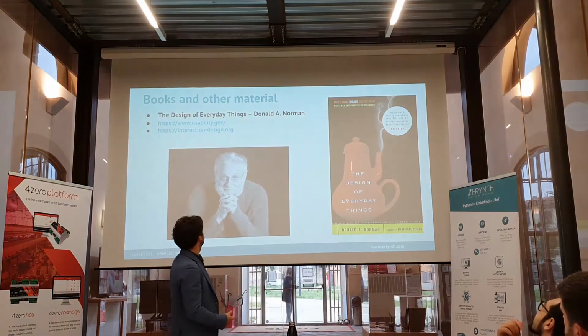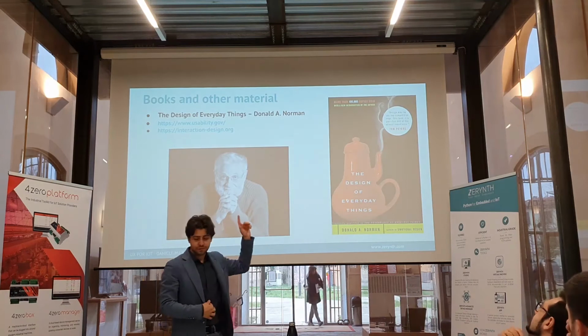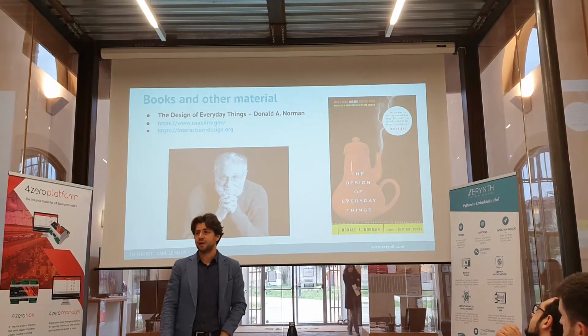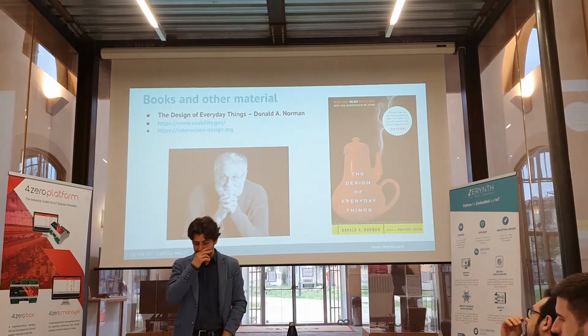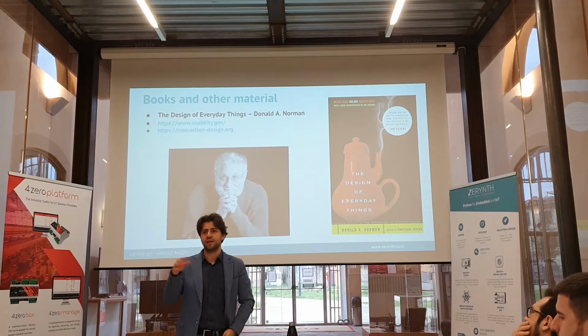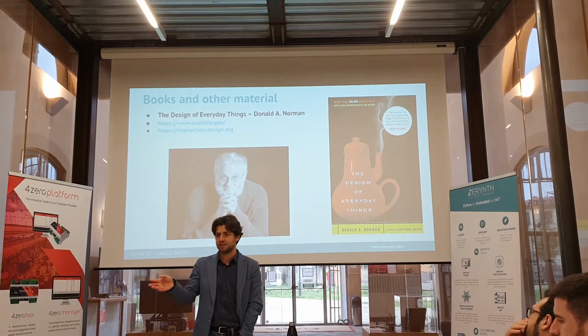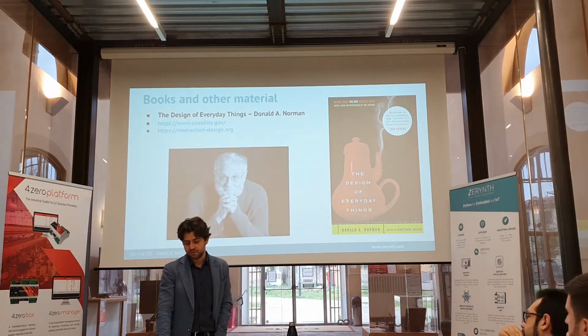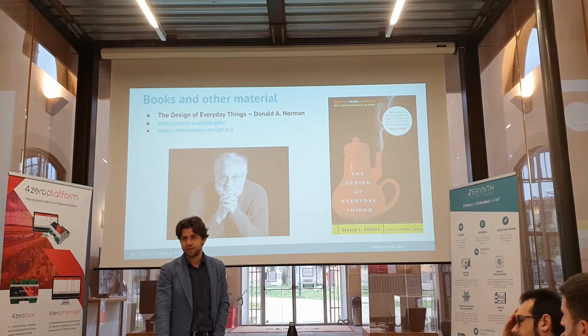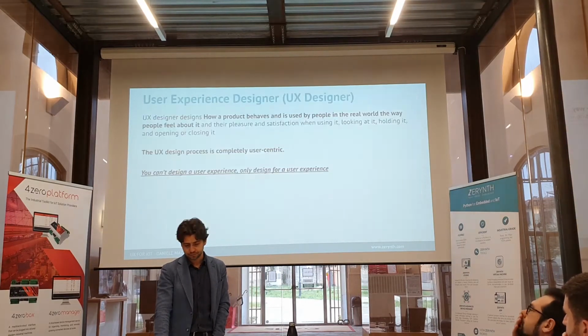Moreover, if you want more information about this topic, you have these two links you can look at. In particular, usability.gov is organized as a sort of collection of different articles, very well organized among the different topics of user experience. So they are very interesting guidelines for going into more detail.